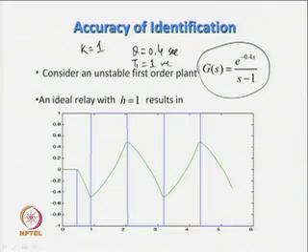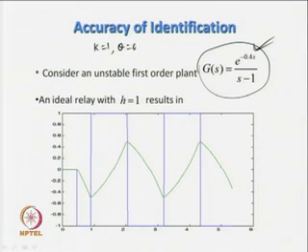So the three parameters given are K equal to 1, theta equal to 0.4 and T1 equal to 1. Let us try to estimate back these values from the equations.